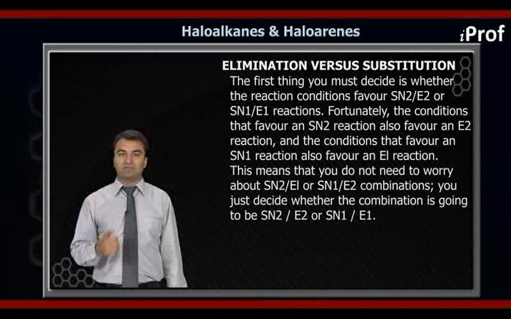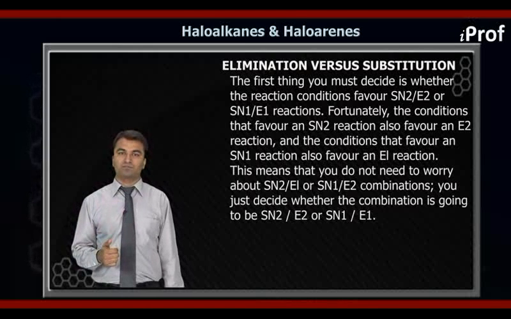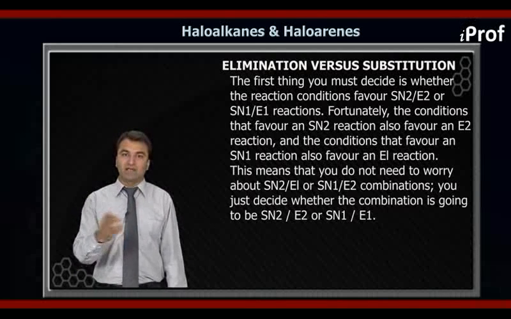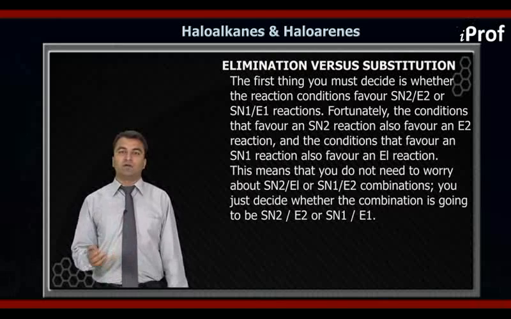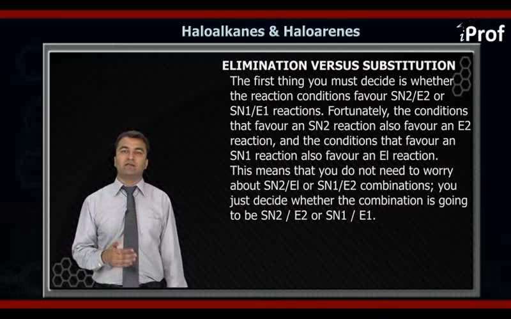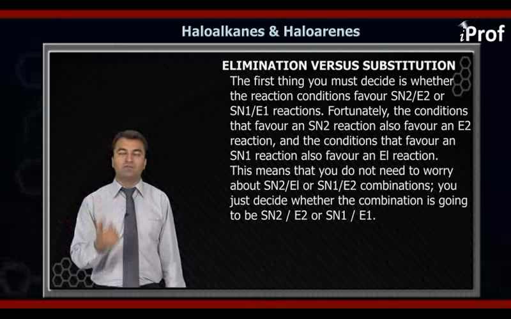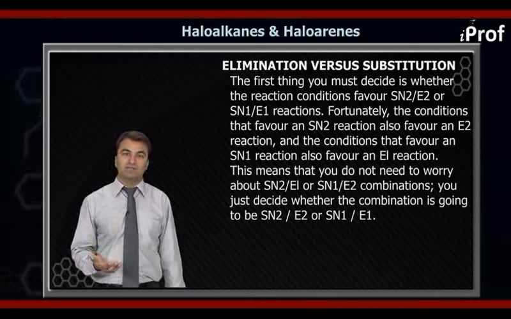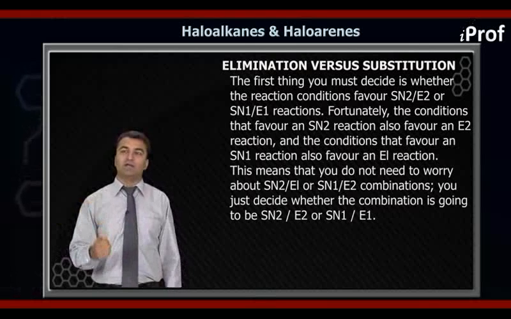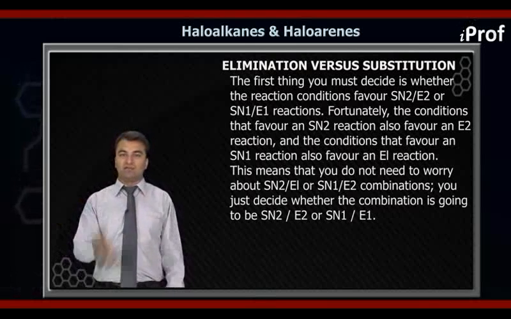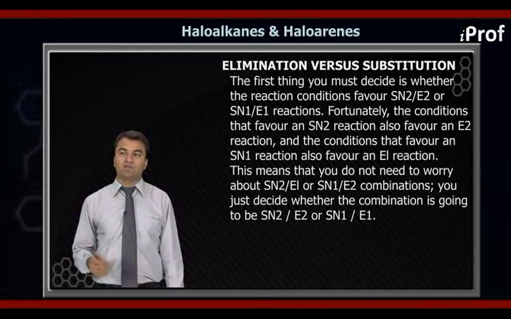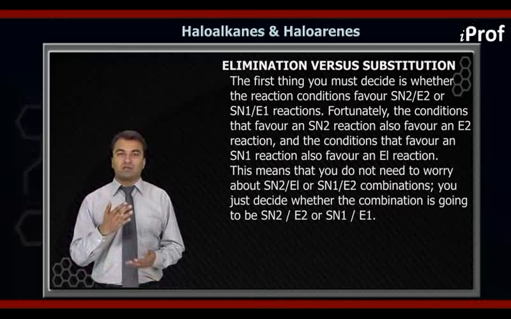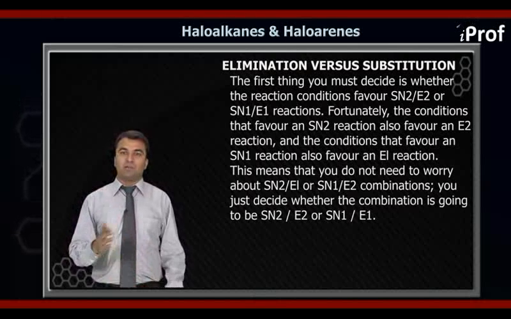The third factor is the temperature, and the fourth factor is the type of solvent. The fifth factor is the nature of the compound, in other words, whether it is 3 degree, 2 degree or 1 degree. So basically we have these five factors which tell you about the type of mechanism a particular reaction will undergo.